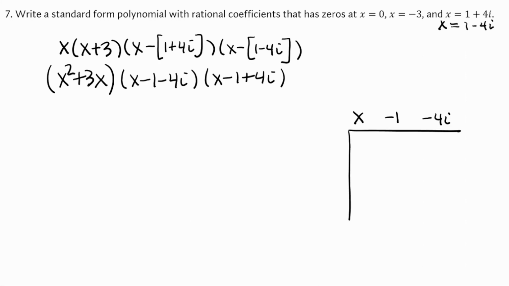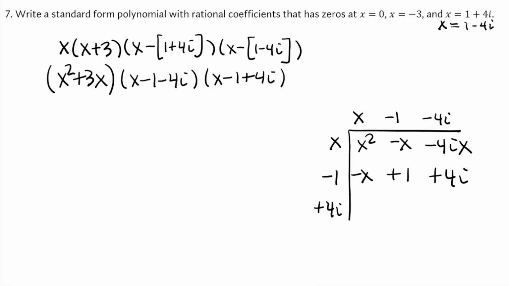Hopefully at this point you've done this quite a few times. And you know how this is going to play out. All the things with an imaginary number attached to them are going to either cancel each other off or be i squared, which is actually real numbers. Negative x, negative ix, positive 1, positive 4i, negative 4i, positive 4ix.